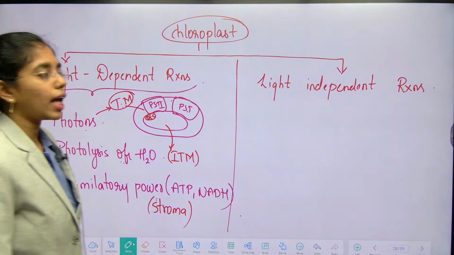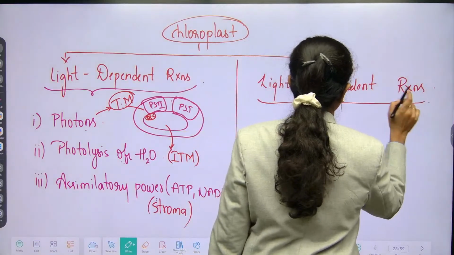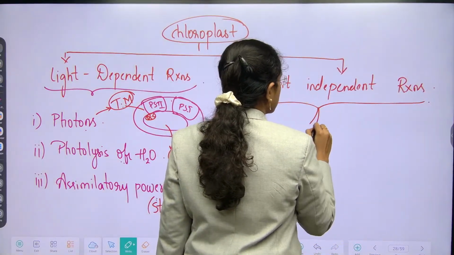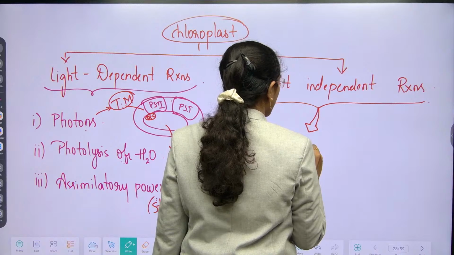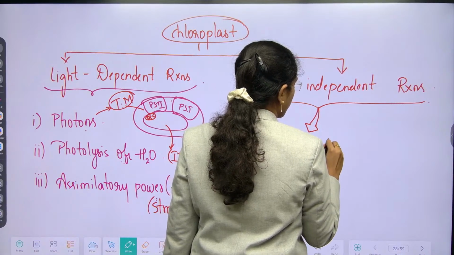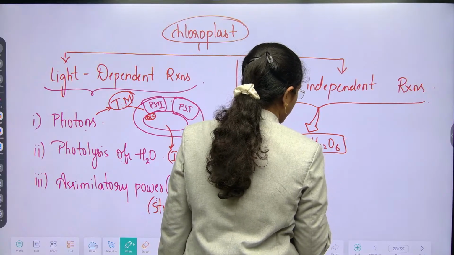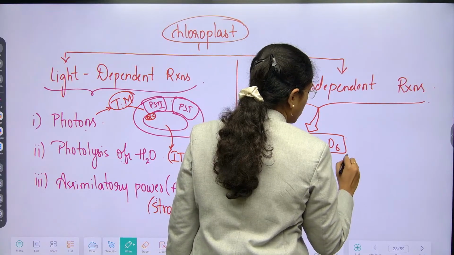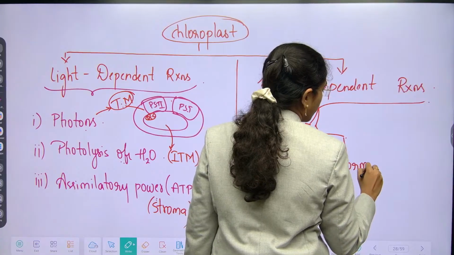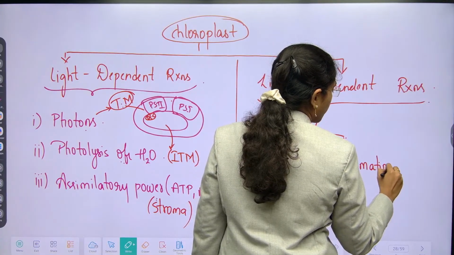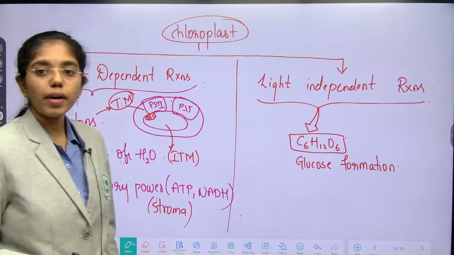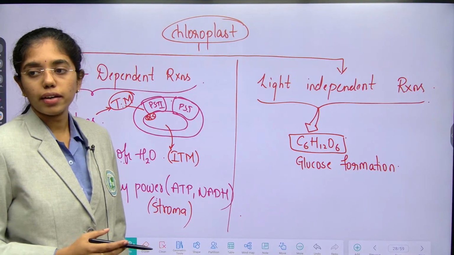In the light independent reaction, only one reaction happens, that is synthesis or formation of glucose. Does it take place inside the stroma or thylakoid?